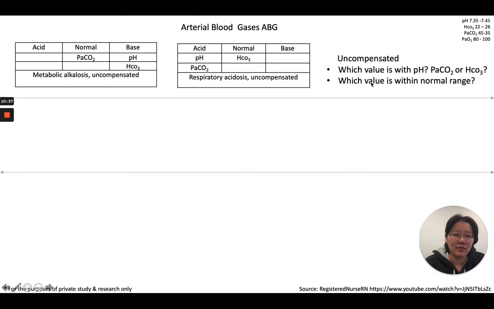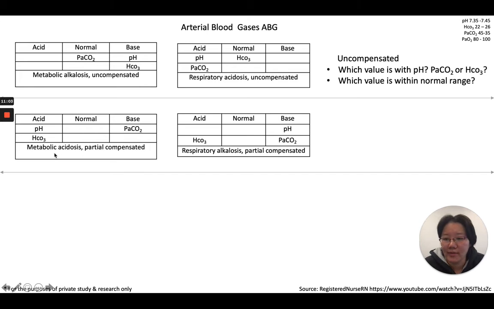And then you just need to see, is it in acid or base? If it's acid, then it's respiratory acidosis. If it's with base, then it's respiratory alkalotic. Which value is within normal range? If it falls in the normal range, then it's going to be uncompensated.